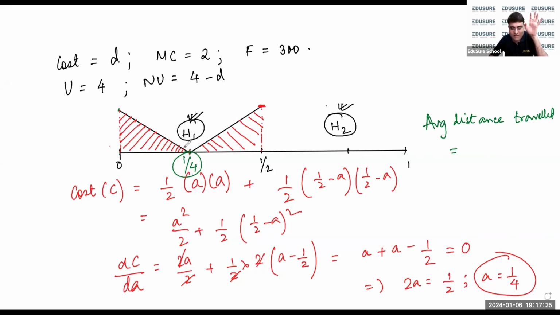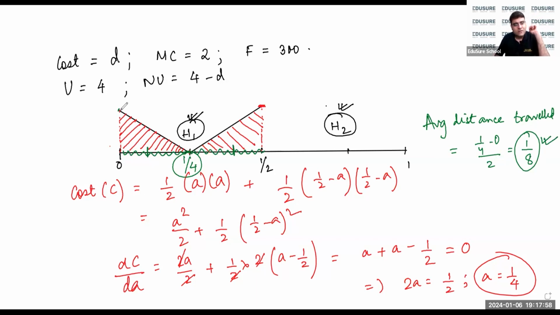So the average travel cost from 0 to 1 by 4 will be 1 by 8, because all the individuals are uniformly located. So the mean travel cost will be the midpoint. The mean travel cost of an individual is basically 1 by 8.